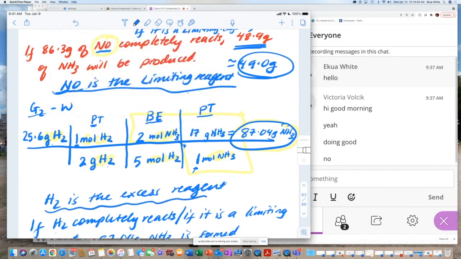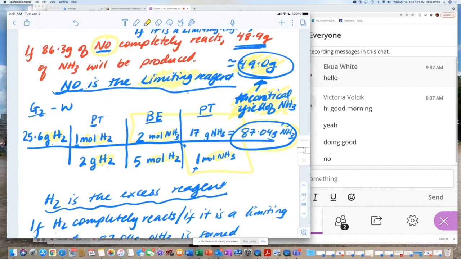If one reactant is limiting, the other one is excess. And then this amount here, 49.0, is the theoretical yield of NH3. So the actual amount of NH3 that gets made will be this amount here, 49.0 grams.